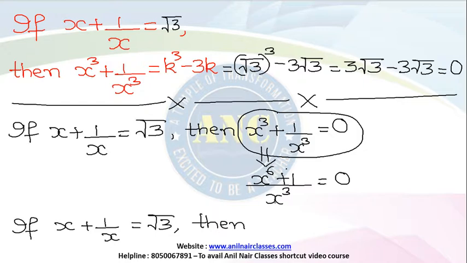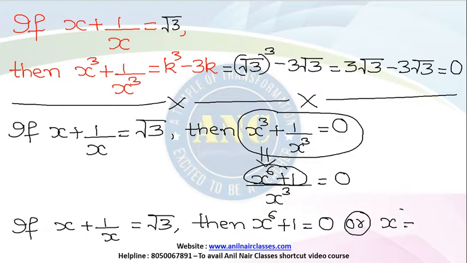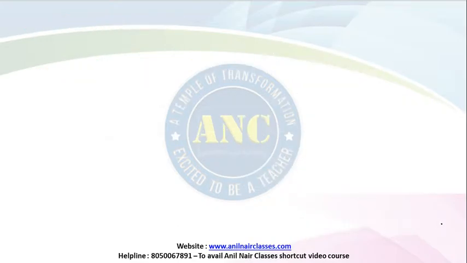Another way of saying is x power 6 plus 1 will be equal to 0, or I can also say x power 6 will be equal to how much? Minus 1. You can call it in completely different ways, sir, but everything remains the same. That means I will write all three things in one equation itself.